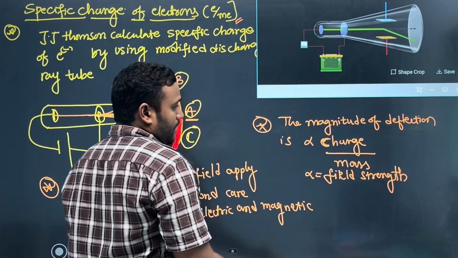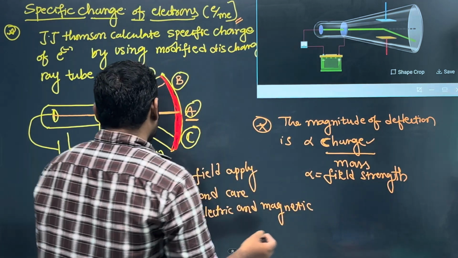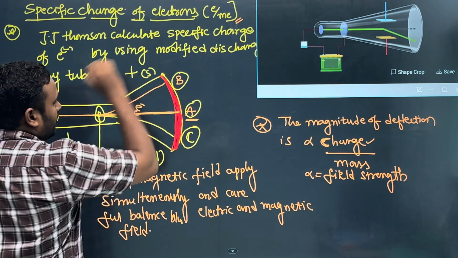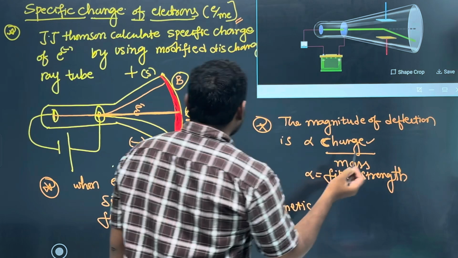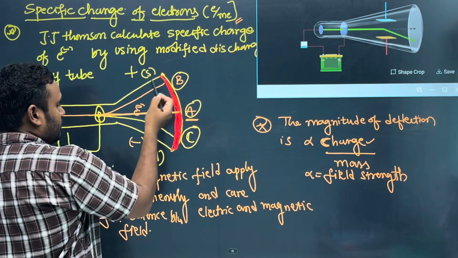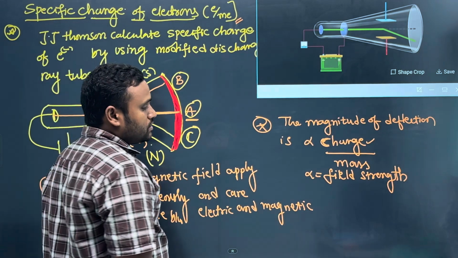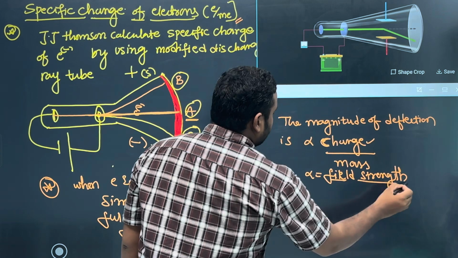So the magnitude of deflection depends on the charge on the particle. As the charge on the particle increases, the magnitude of deflection also increases. Next, the magnitude of deflection is directly proportional to field strength.